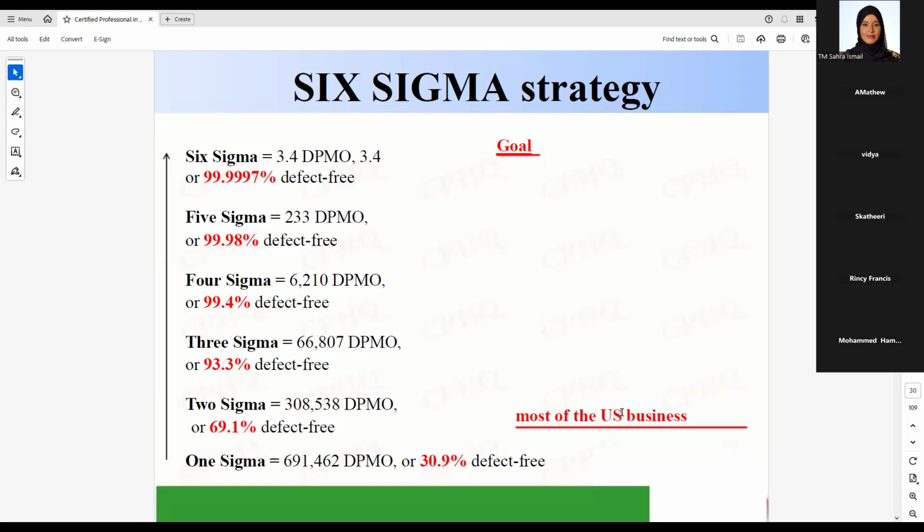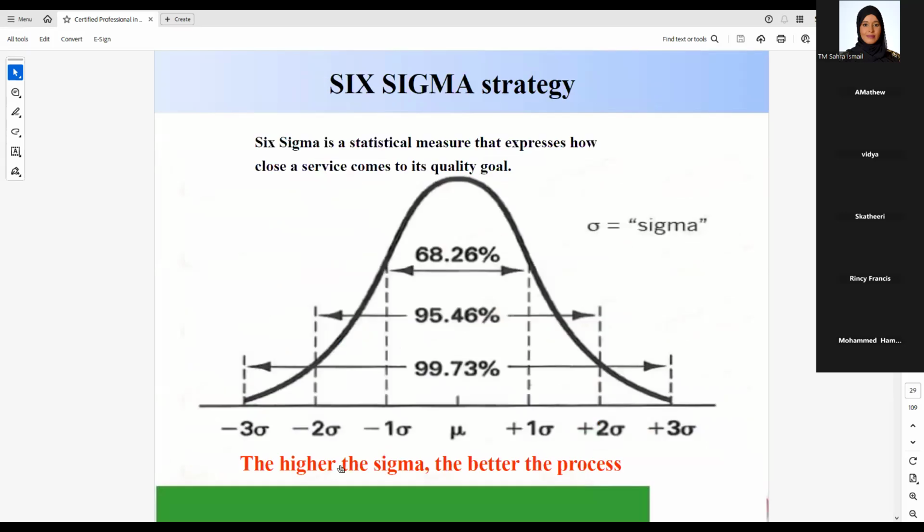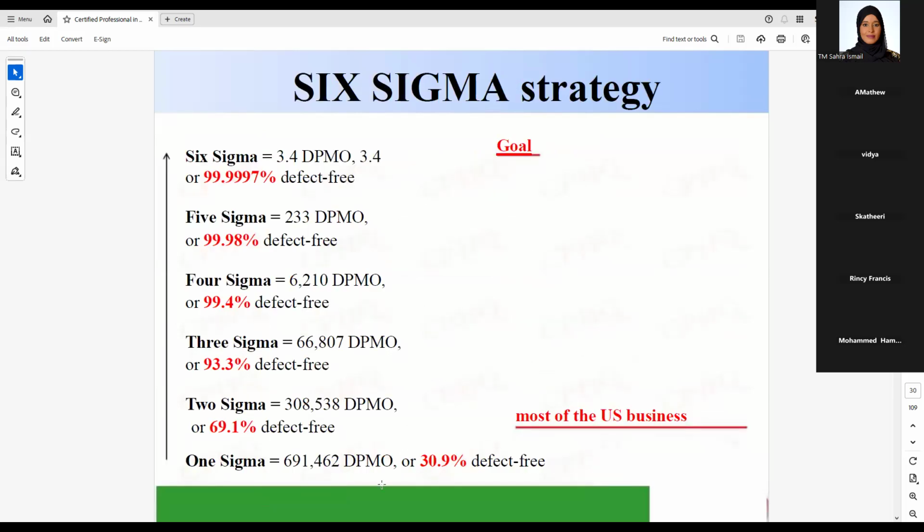So in most of the US businesses at the time, they found that 6 sigma or 1 sigma, which we said is the 68.26%, you have 30.9% is defect free. Okay.